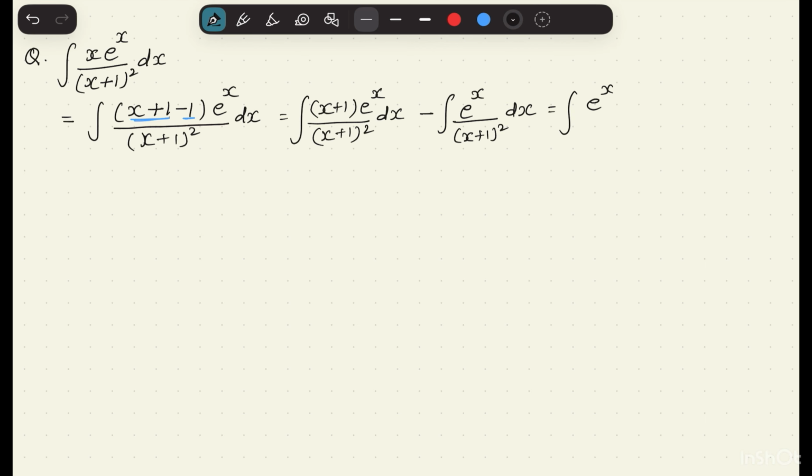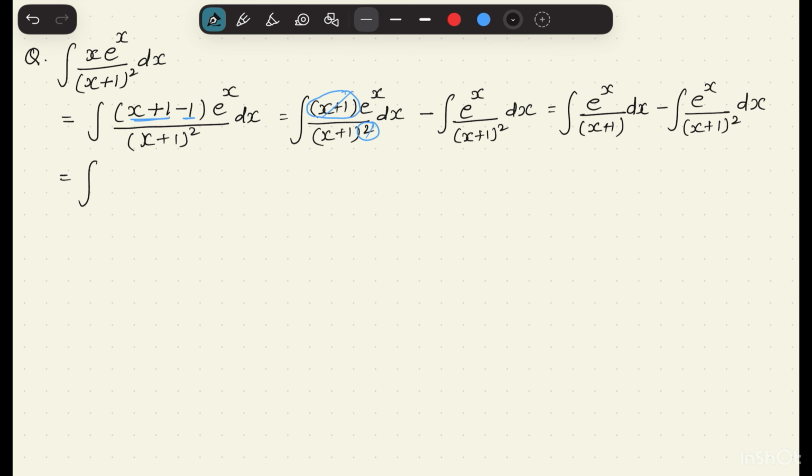We get e to the power x upon x plus 1, because we have power 1 of x plus 1 in the numerator, and here we have power 2, so one power cancels one power in the denominator. So e to the power x upon x plus 1 dx minus e to the power x upon x plus 1 square dx. Now we will apply first into second, but before that we will write it like that.